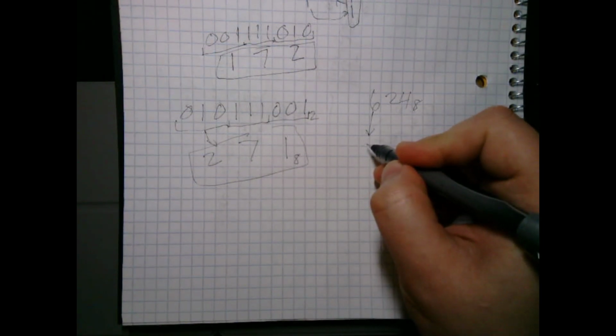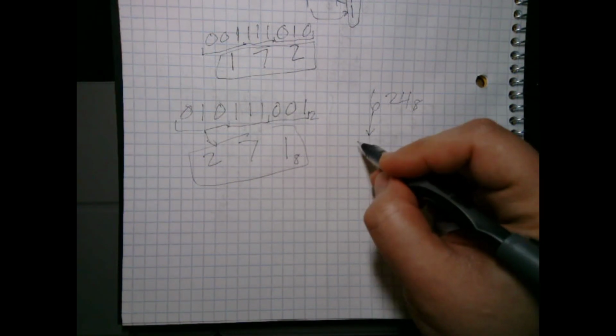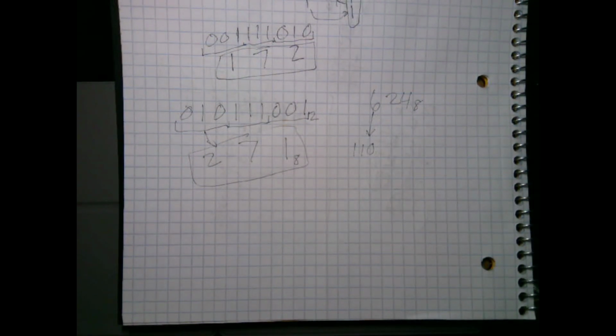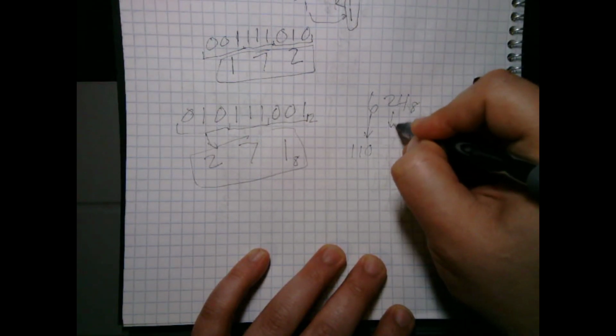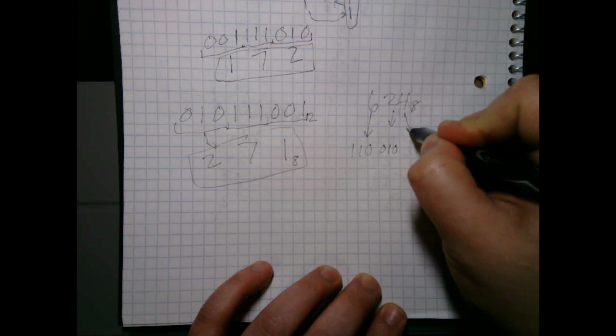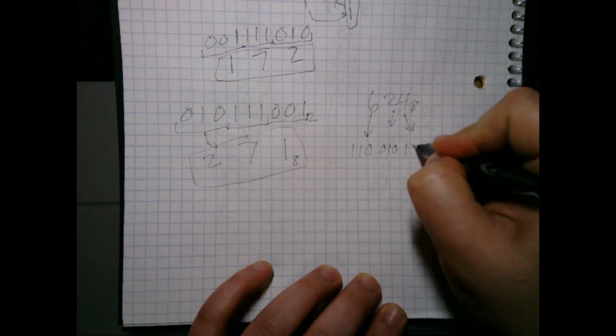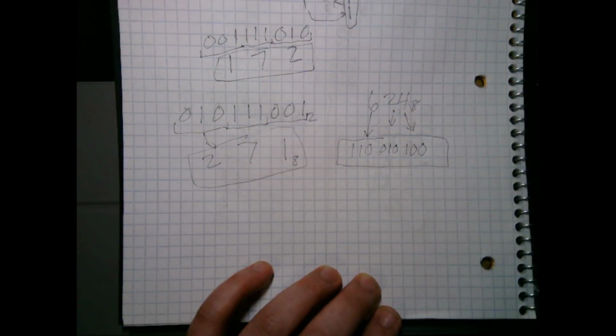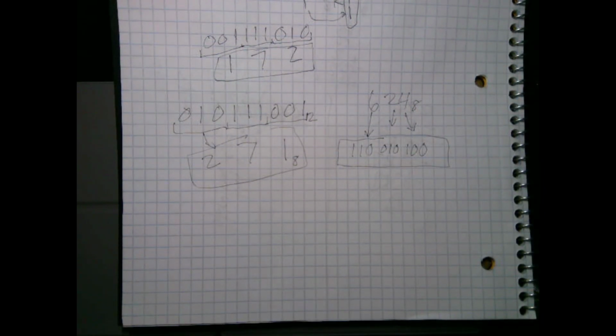We're going to figure out what 6 is. 6 is 110. 2 is 010. 4 is 100. And there's our binary number from octal.